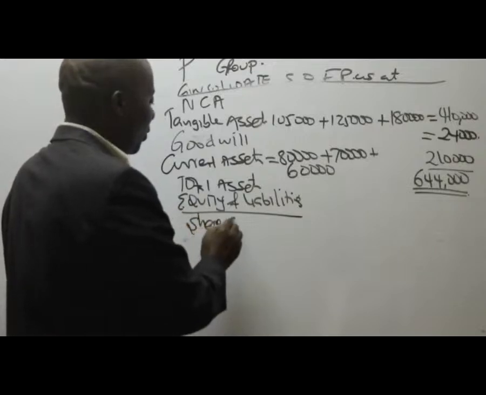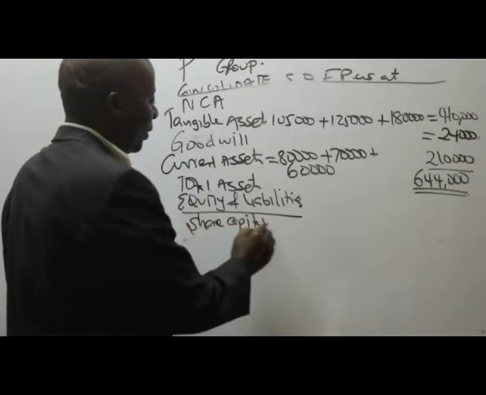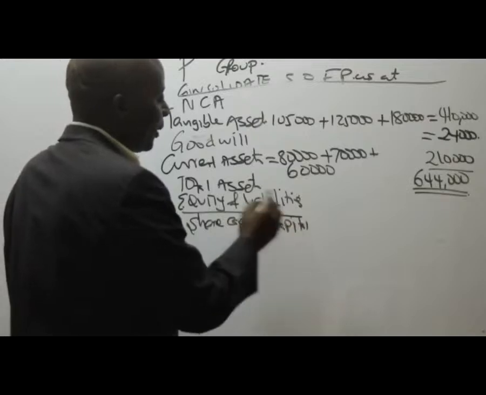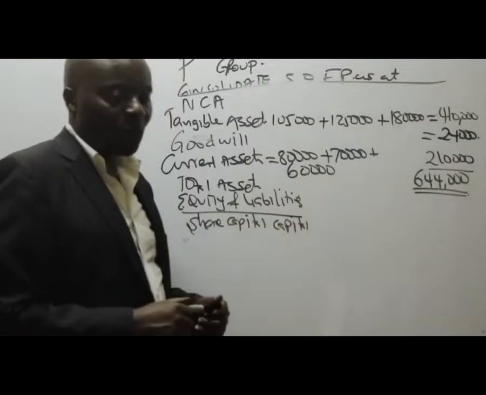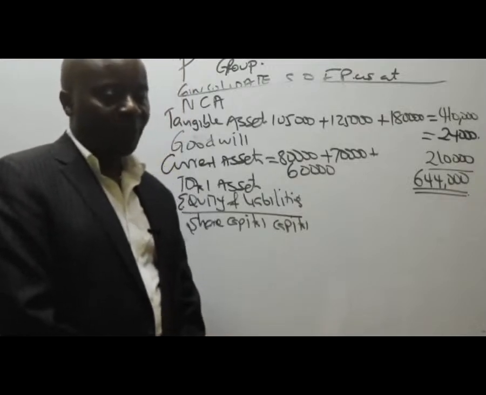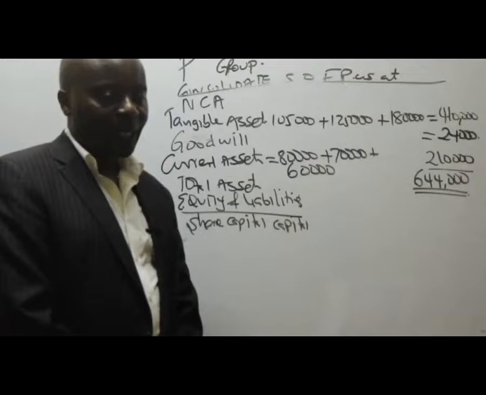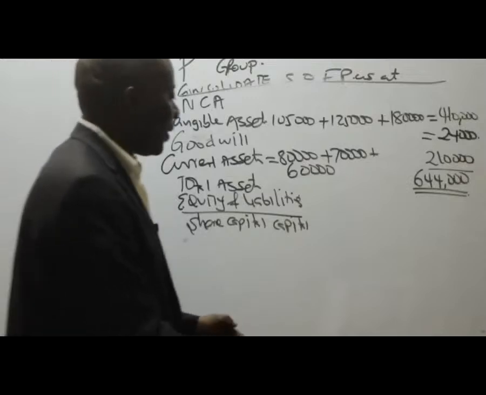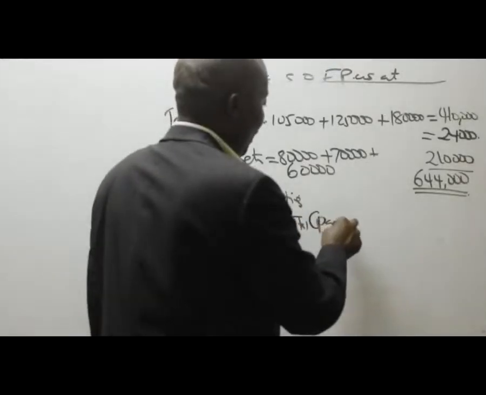The first thing we're going to do is take the share capital. Who can remind us the concept of share capital in the consolidated statement of financial position? Parent only. We only take the one of the parent.